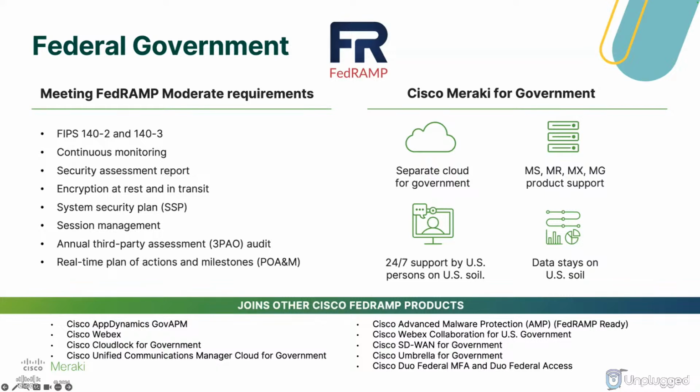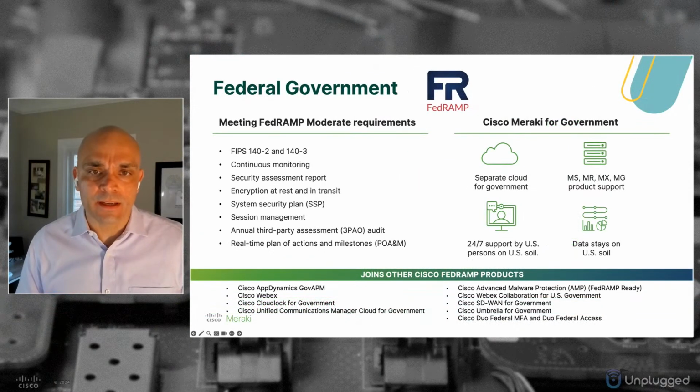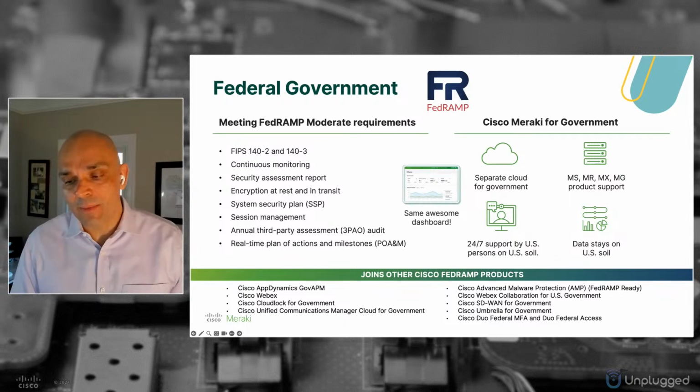So that's how we built it and what's operating it. And US person, US soil is really important for some of those non-federal agency customers. If you're a state government customer or local government customer, you may need or want that. Our ITAR compliance is a necessity there. So that's another few things we can check off.